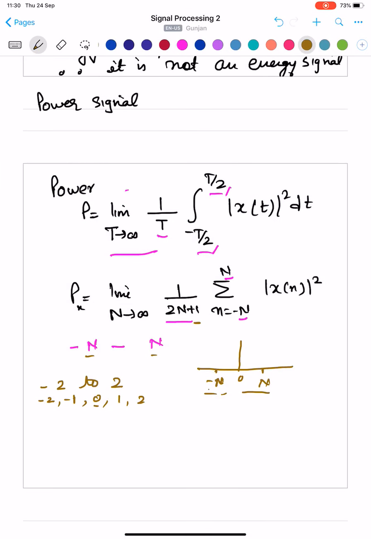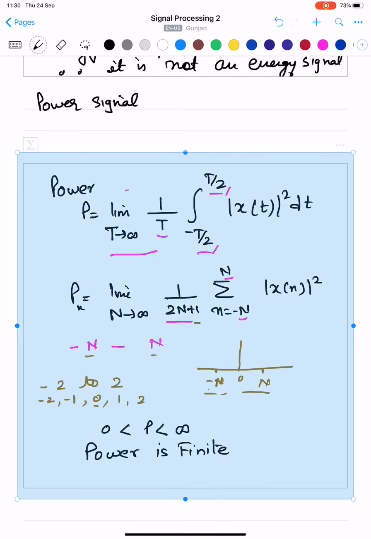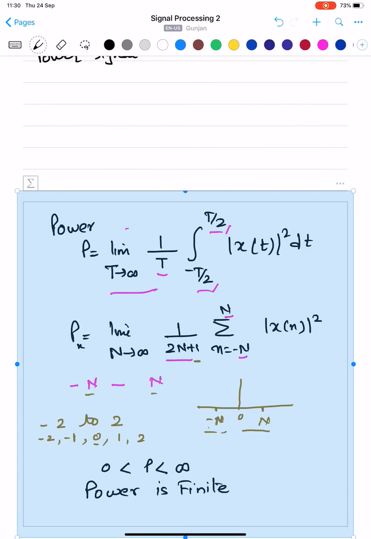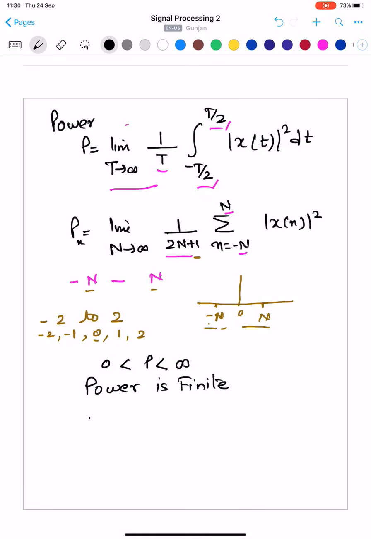So if the signal is a power signal, then the power is between 0 and infinite, or you can say power is finite. An example of this: let's take x(t) equals sin(2 pi f t).